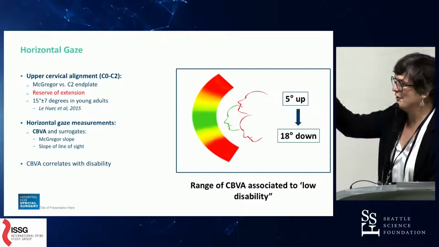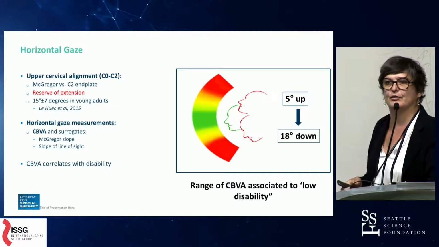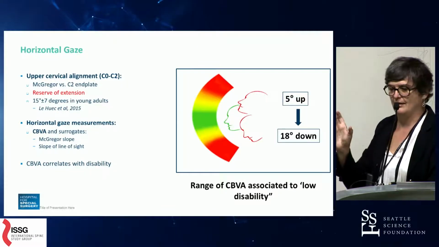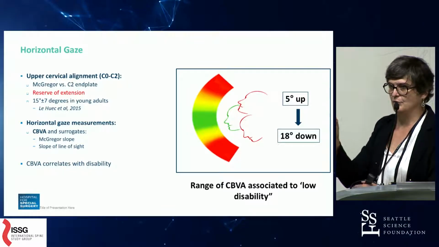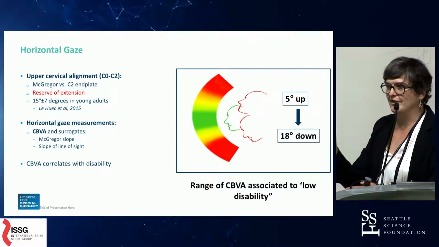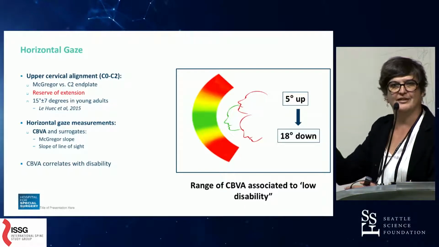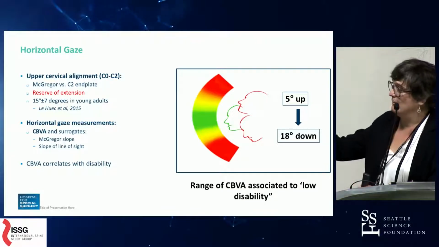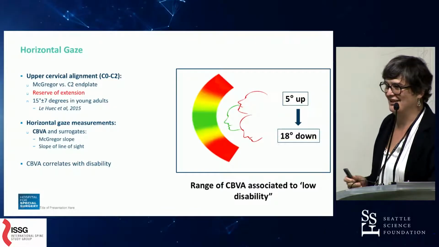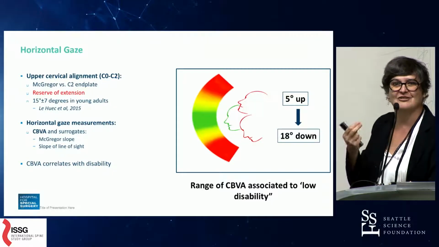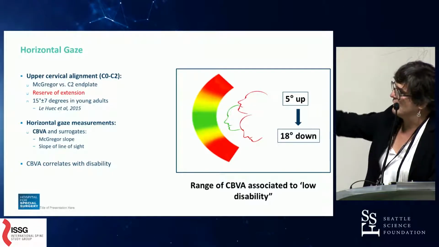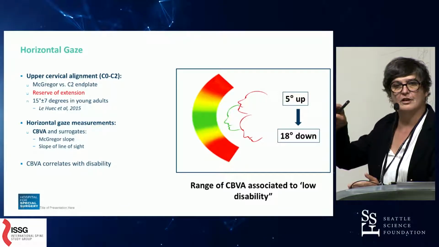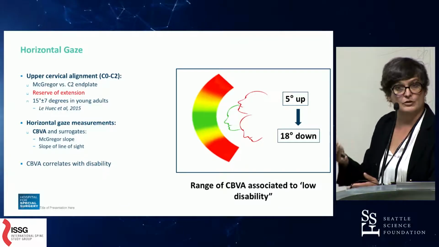What is quite funny with the CBVA is that it was first described based on a picture of a patient, and the original author described that you need to have a CBVA between +10 and -10, and there was no data. But I guess this guy had a good clinical sense, and we found a very similar range of acceptable values. So this is the range within which the patient can function normally.